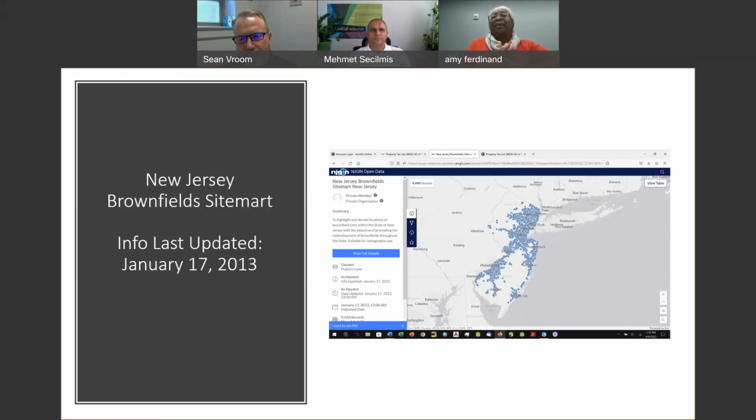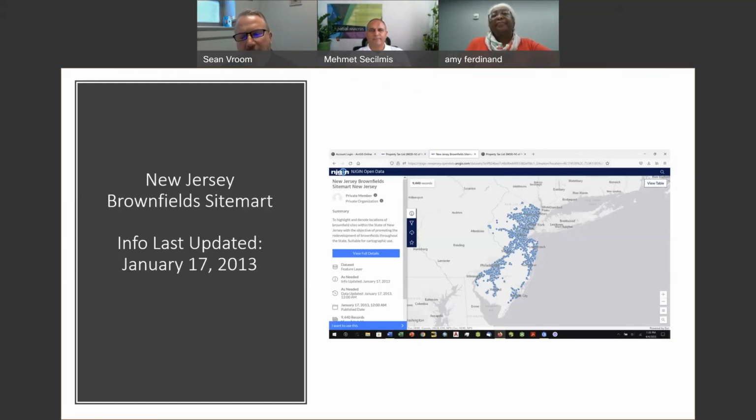But right now, SiteMart, which I used to call eBay for brownfields, was not necessarily the tool that developers could quite get their hands on to buy a property because it had not been vetted by the community and by DEP. So now the new Brownfields inventory tool, which only has like 513 sites, will be the go-to in the near future.